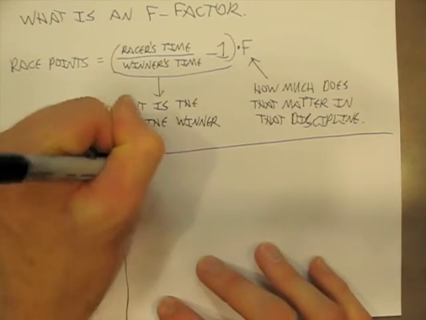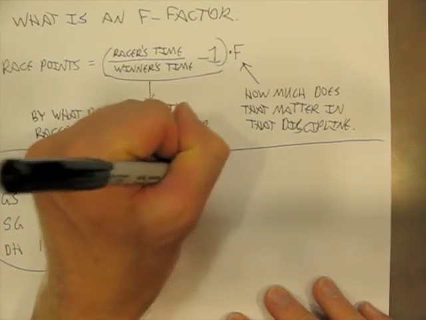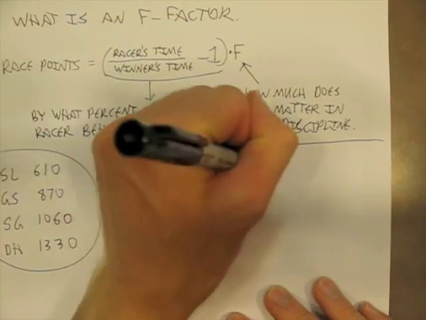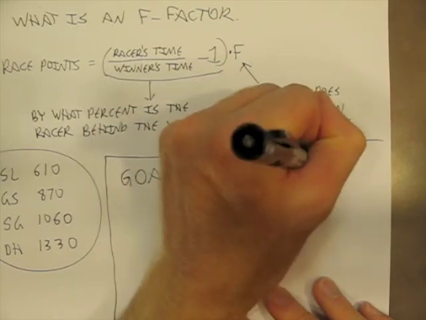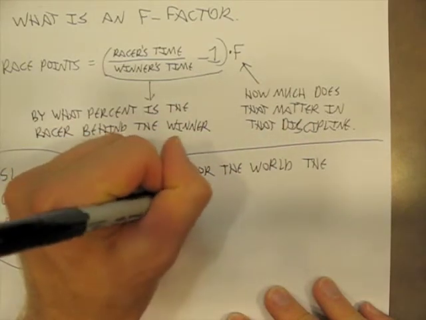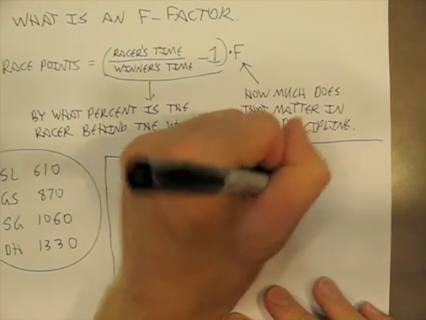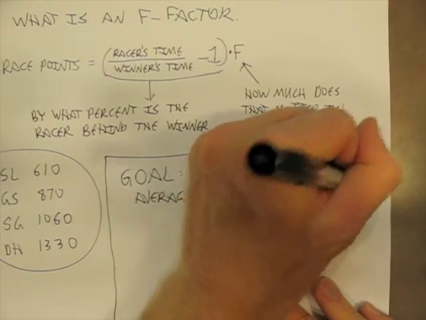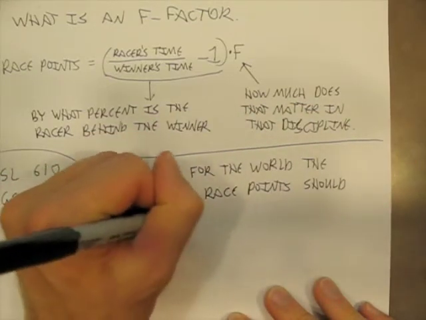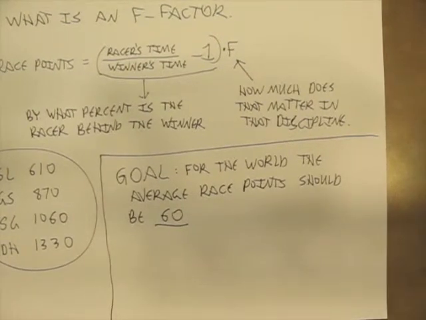So we're going to start with a goal. And that goal is that, in calculating F, for the world, the average race points should be 60.